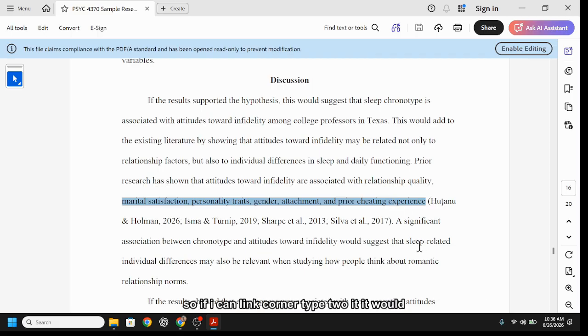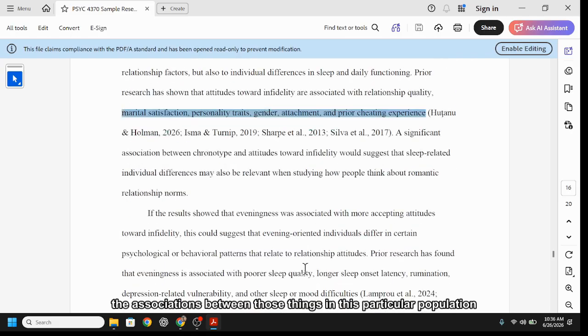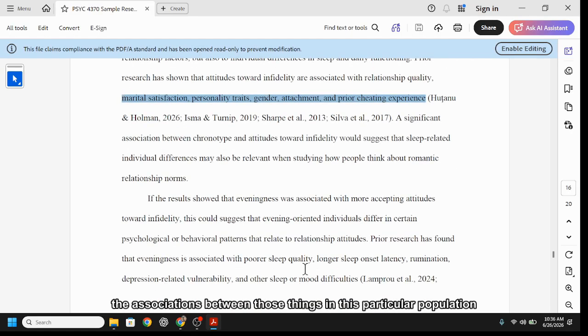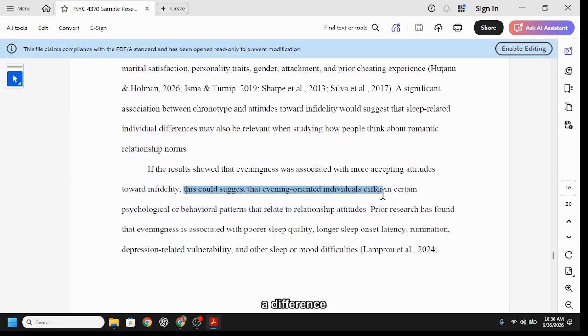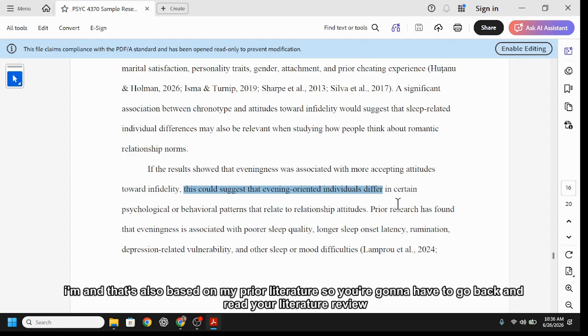So if I can link chronotype to it, it would also help in the way that we study romantic relationships and the associations between those things in this particular population. So I also talk about how this might suggest a difference, and that's also based on my prior literature.